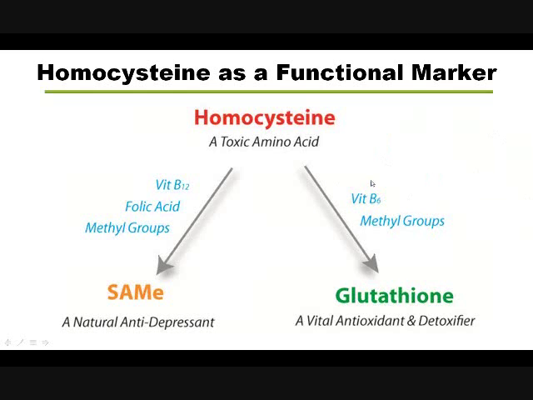So vitamin B6 or pyridoxine is necessary to convert homocysteine into glutathione. And what's glutathione? It's better than vitamin C, it's better than vitamin E, it's better than any antioxidant you could possibly eat in the diet. I'll tell you why, because glutathione is your body's major endogenous antioxidant, meaning it's formed inside the body itself, and it's an enzyme.